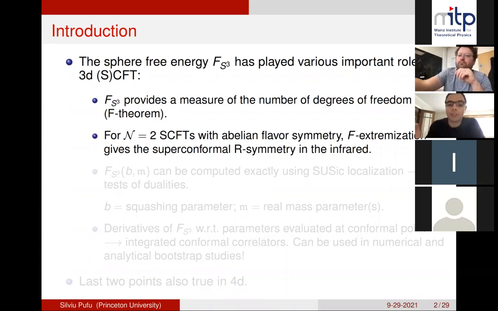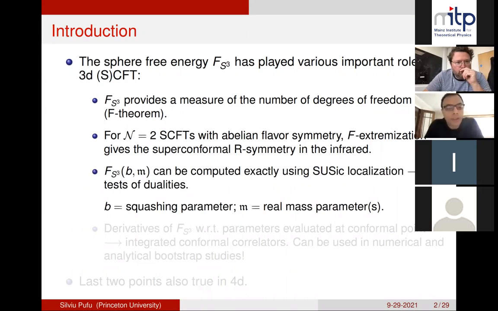So the question is, what is the R symmetry at that infrared fixed point? It could be any linear combination of the R symmetry in the UV and the flavor symmetries, and sphere free energy plays a role in answering that question through the F extremization or F maximization procedure.